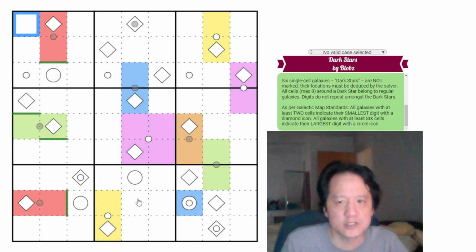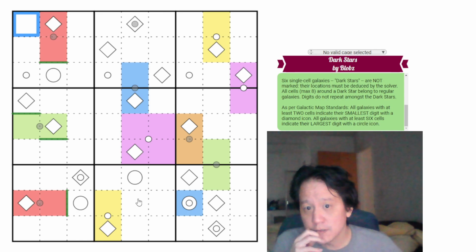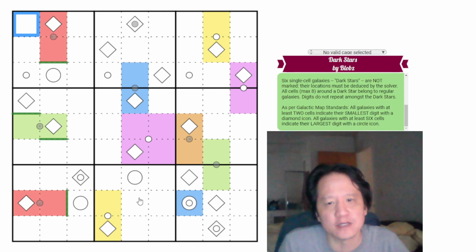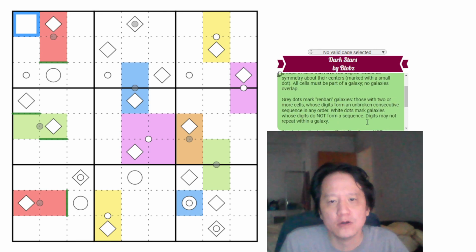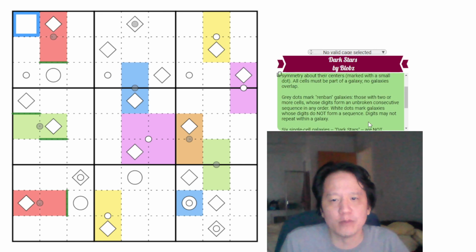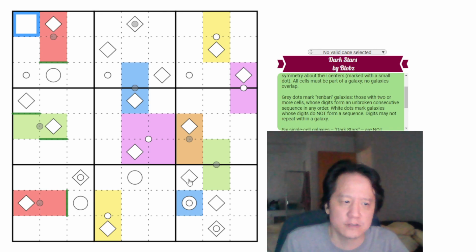And there are 6 dark star galaxies. Again, I'm not sure if that means that the Renban or the non-Renban galaxies, regular galaxies, can also be single digits.